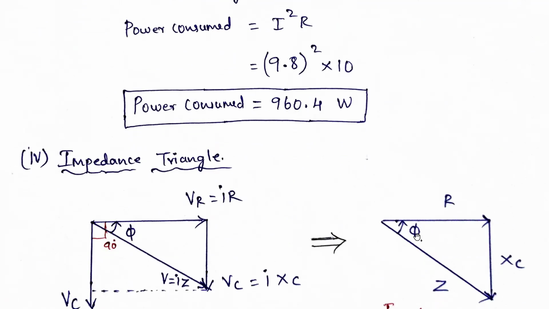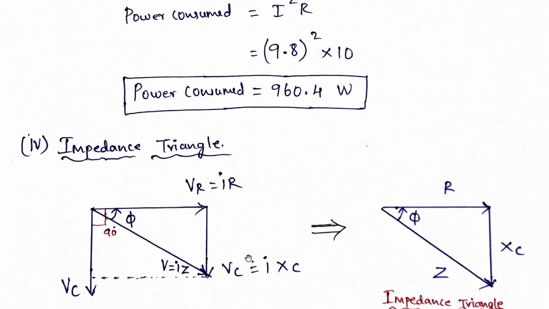That's why this phase angle is also leading. So from this triangle, all the I's we are cancelling out. Here also I, here also I, here also I, we cancel. So easily you can take R here. If you cancel I here, it is XC. If you cancel I over here, it is Z. So this resultant is Z.